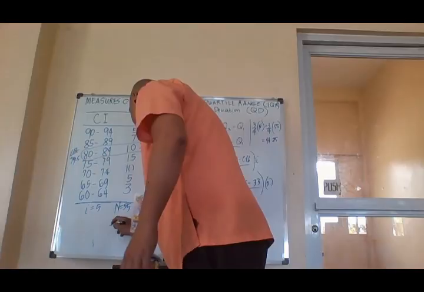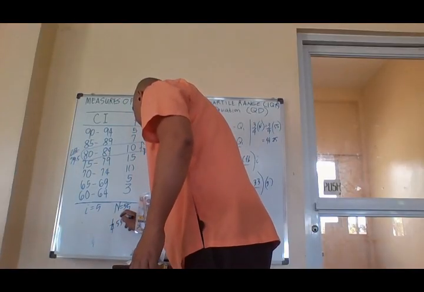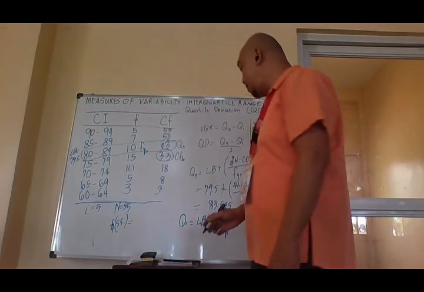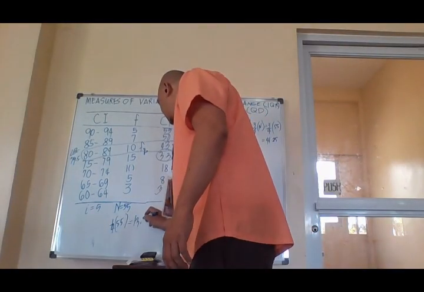So looking for the value of 1/4 of 55, 0.25, we have 13.75.